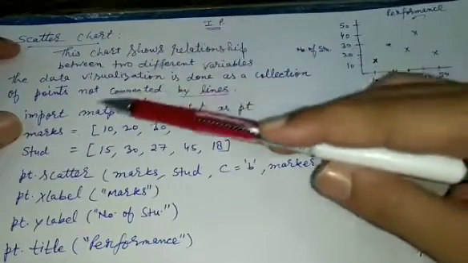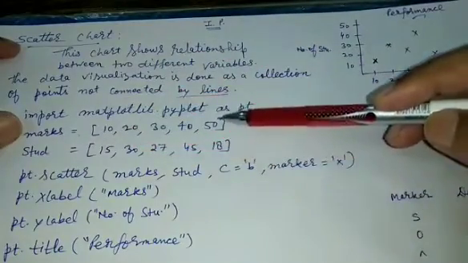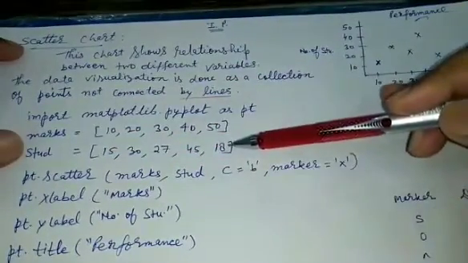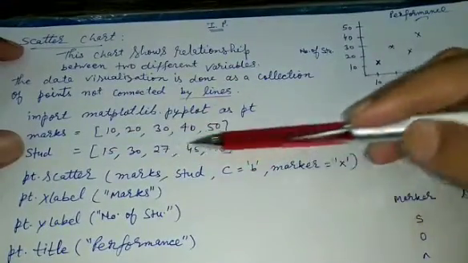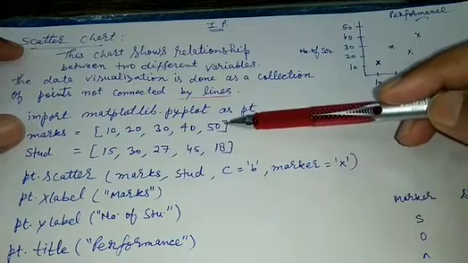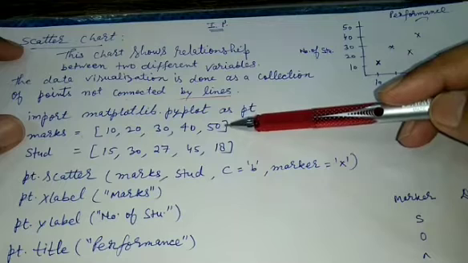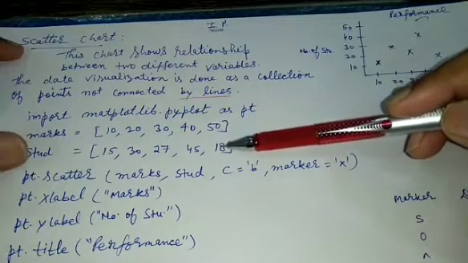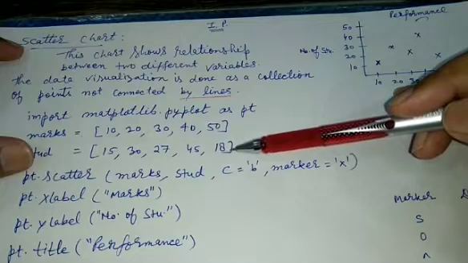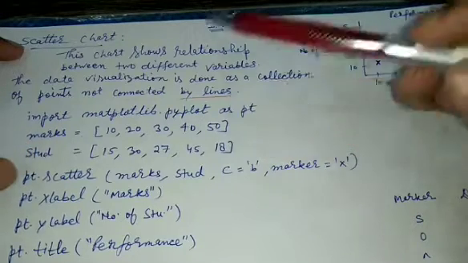So we have created a list having the name marks, and another list having the number of students. The first list will work as the x-axis values, and the other list will work as the coordinates of the other axis.